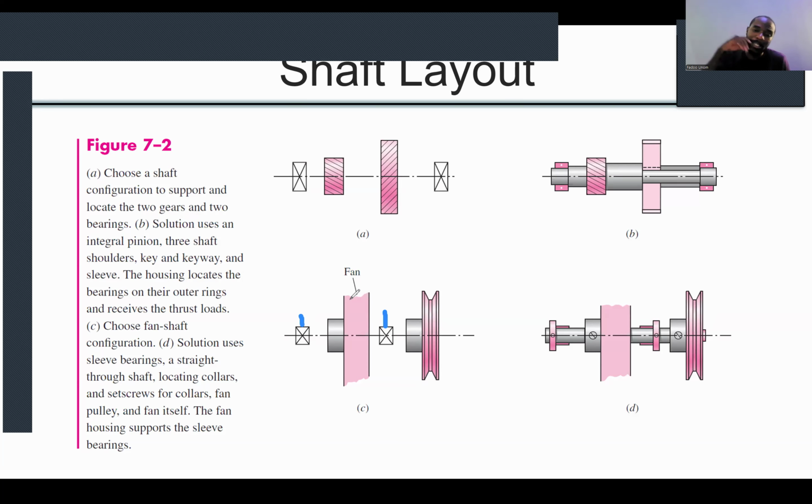There is a fan that is turning to provide some form of convection, air, create a draft in a system, right? To turn the fan, power has to come from the prime mover, maybe the engine. And so we have a pulley system; you see that it's a V belt that will sit there. But this pulley is external.